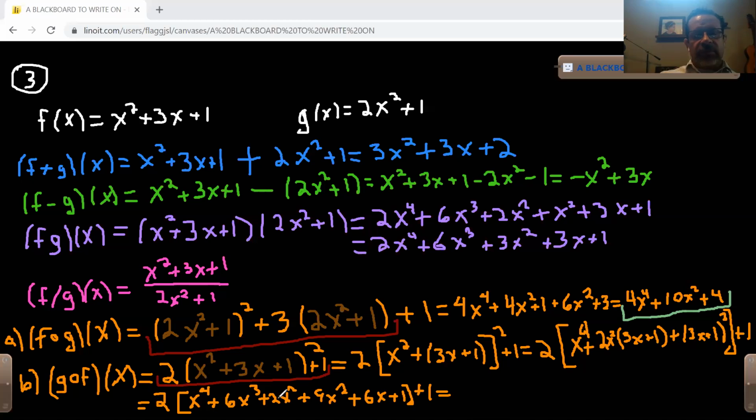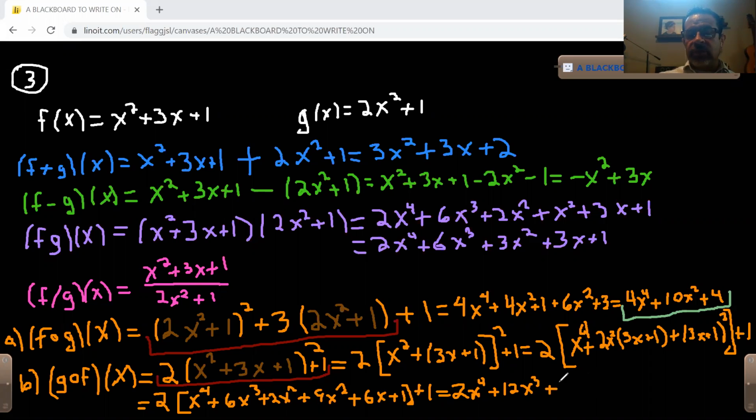So let's now do the multiplication and adding. So 2 times x to the 4 is going to be 2x to the 4. Then we don't have any other x's to the 3, so it's going to be 6x to the 3 multiplied by 2 is going to be 12x to the 3. Then we have got, let's see, 2x squared plus 9x squared is going to be 11x squared multiplied by 2.